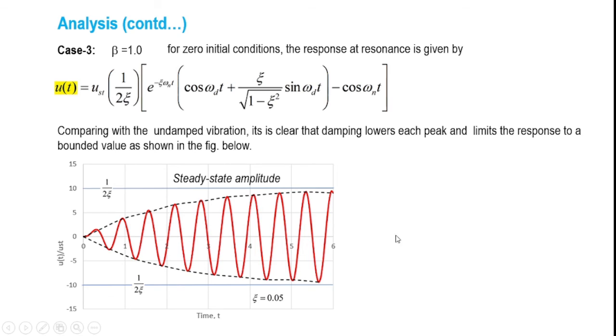And remember, this is a case of beta equal to 1. Thus we come to a very important conclusion: even at resonance, the effect of the damping is to limit the peak value of the amplitude to a steady value, which is nothing but 1 divided by 2 zeta.